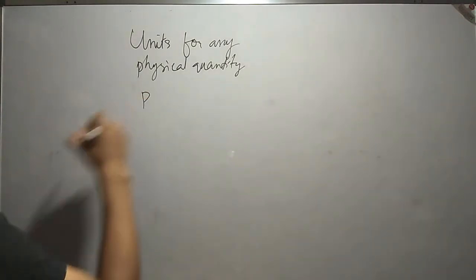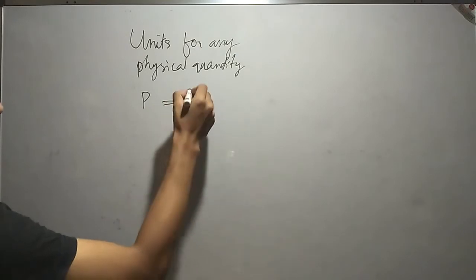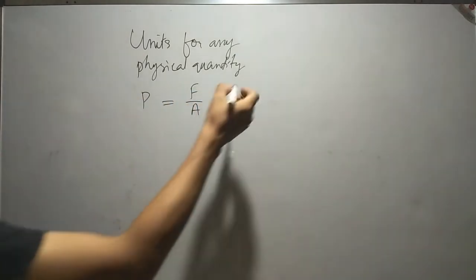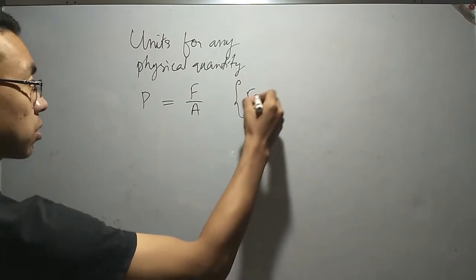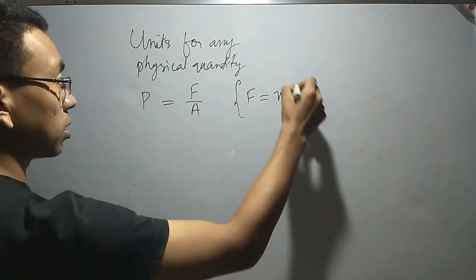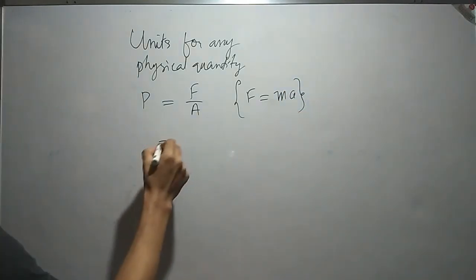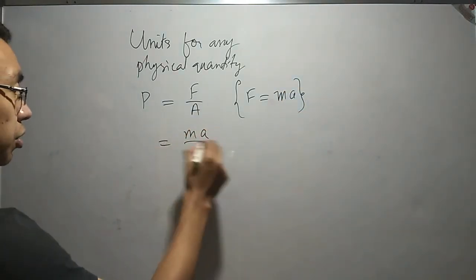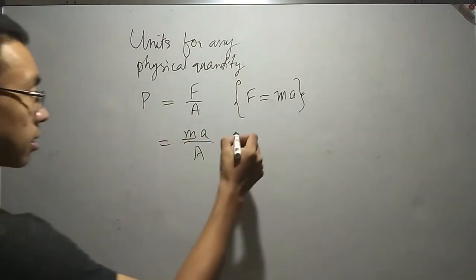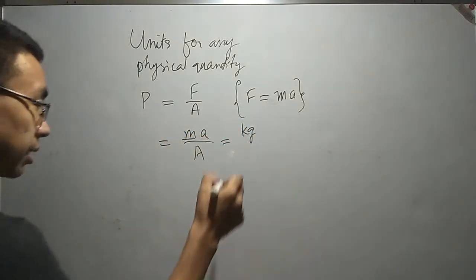Then let's try the next one. Pressure is P. The formula of pressure is force by area. Now this force we deduce again: force equals mass into acceleration. So mass into acceleration divided by area. The SI unit of mass is kg.